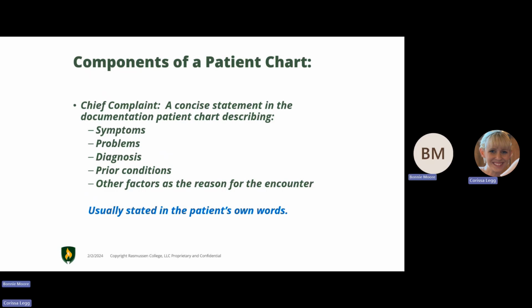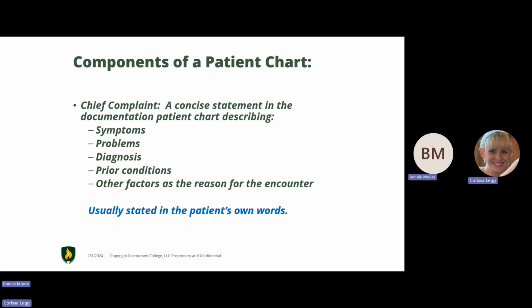It's a concise statement in the documentation of the patient chart describing the symptoms, any other problems, whether there has actually been a diagnosis, any prior conditions, or any other factors as the reason for the encounter, especially if it's an injury, what caused the injury? Are there any other extenuating diagnoses, like, are they diabetic?